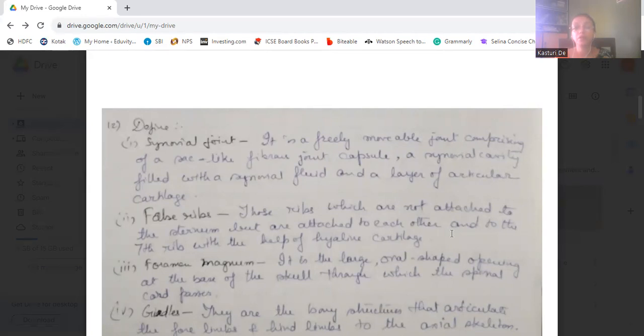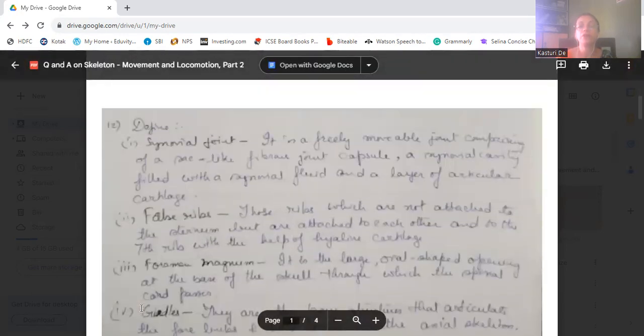Let us start with the question answer. The first question for today is: define synovial joint.